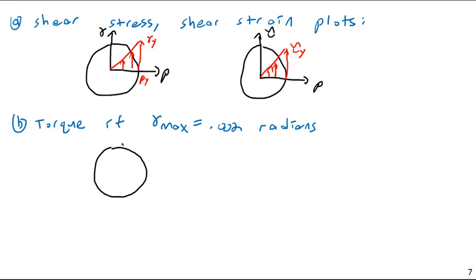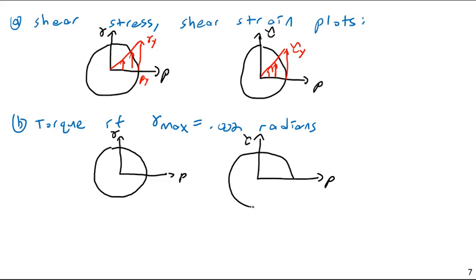I'm going to have my rho and my gamma. We're not going to have a hole, but we're still going to have an elastic core here. And my tau and my rho. Too many Greek letters this morning. Another perfect circle.